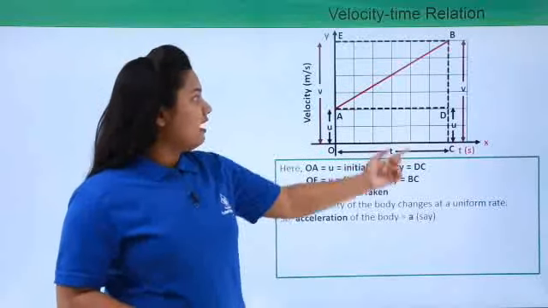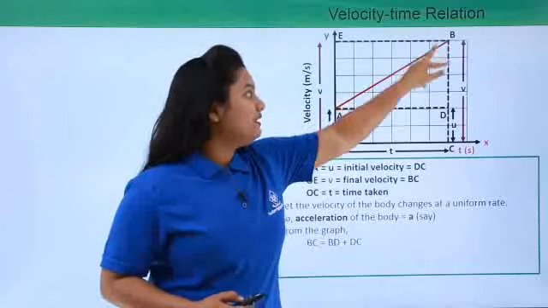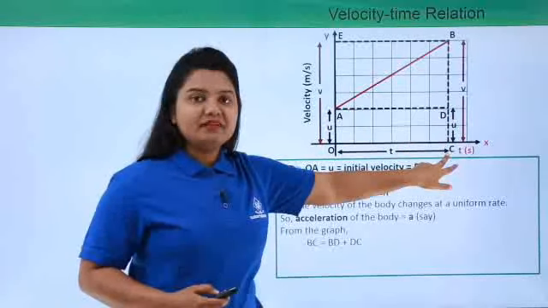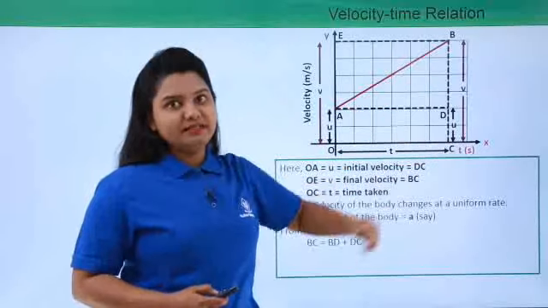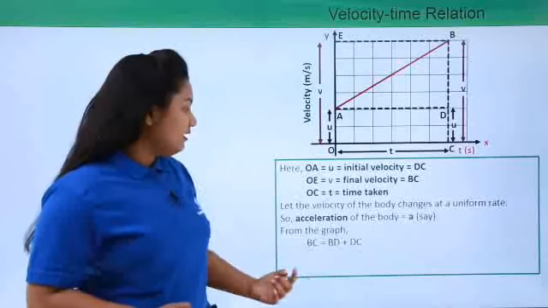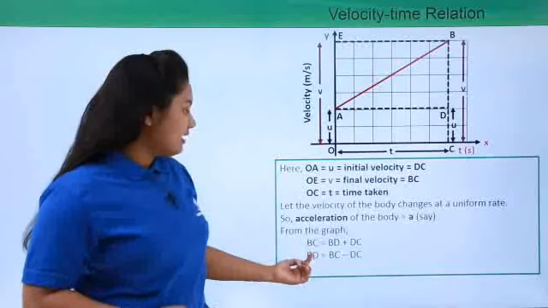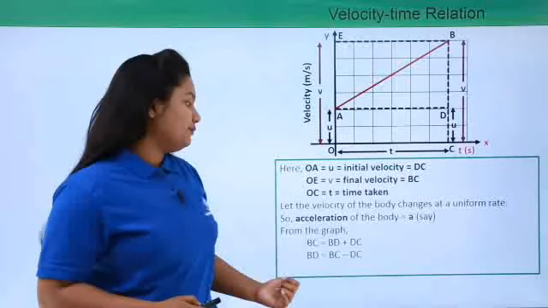Now from the graph we see that BC equals BD plus DC. So BD when added to DC gives us the total BC. So here when we want to find BD, we will be taking DC to the other side. So BD will be equal to BC minus DC.